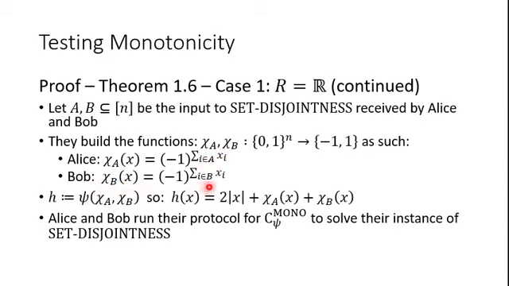Similarly, Bob does the same with his indices. So h, which is psi of chi-A, chi-B, gives us the following, as we defined h before: twice the Hamming weight of x plus f, in this case chi-A of x, plus g, in our case chi-B of x. So Alice and Bob run their protocol for C mono psi to solve their instance of set disjointness.